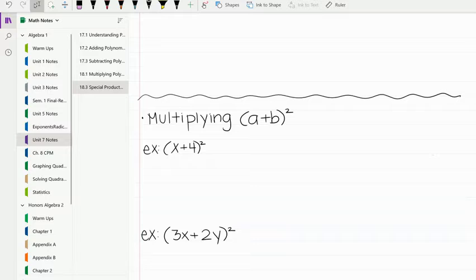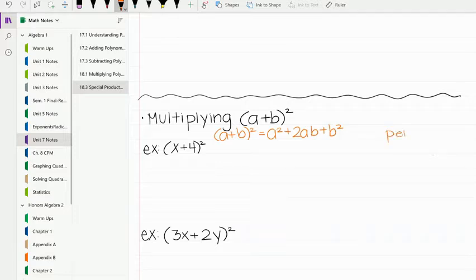So looking at multiplying (a plus b) squared, this is actually a special pattern. If we were to multiply it out, we would get a squared plus 2ab plus b squared. The reason you'll have that same pattern every time is because you're essentially multiplying a binomial, a two-term polynomial, by itself.